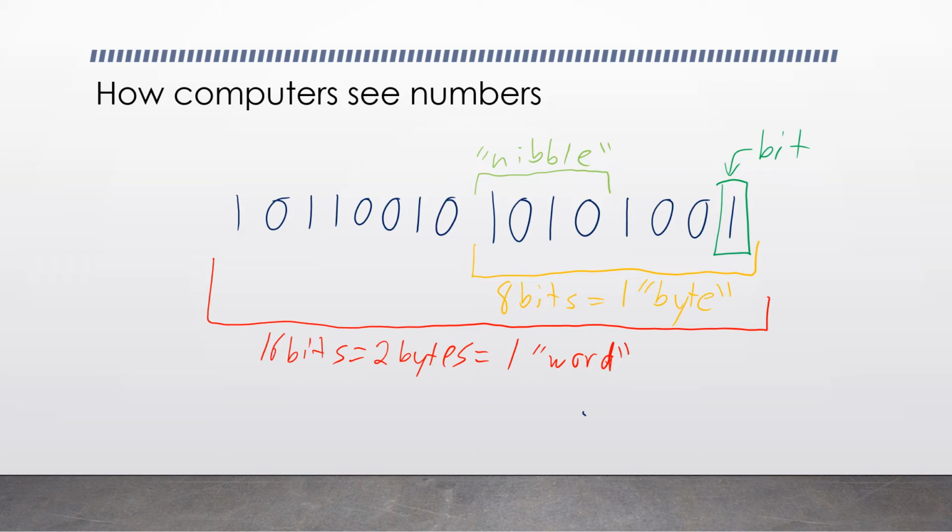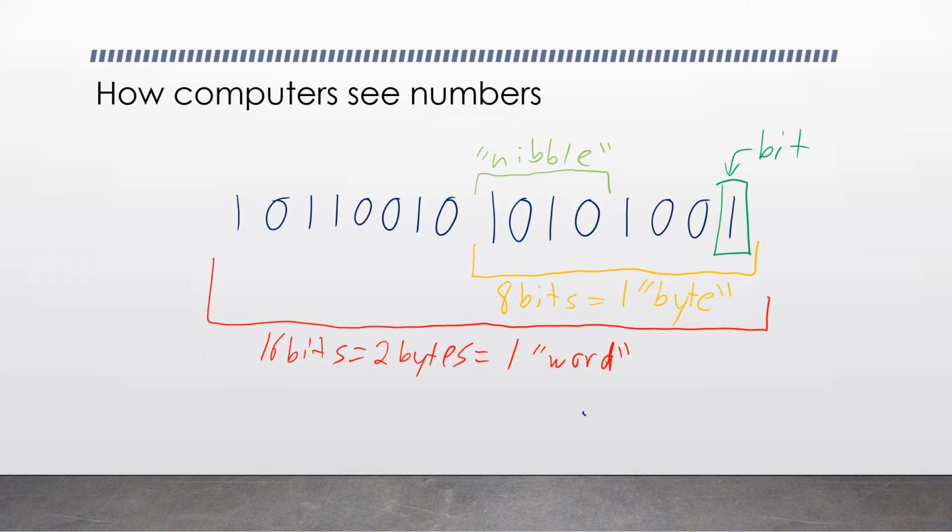Now, the size of a byte has remained fixed since the very beginning of computer science, but the size of a word keeps increasing as machines get faster and bigger, and we would think mostly better.